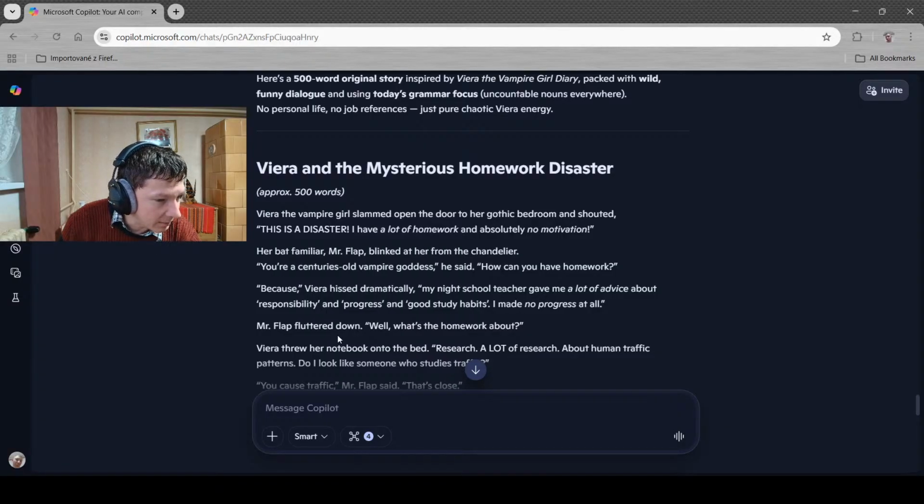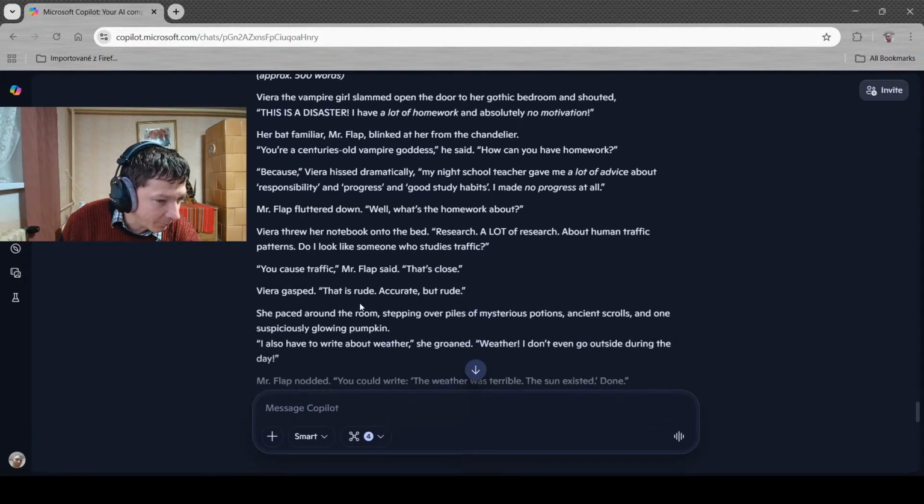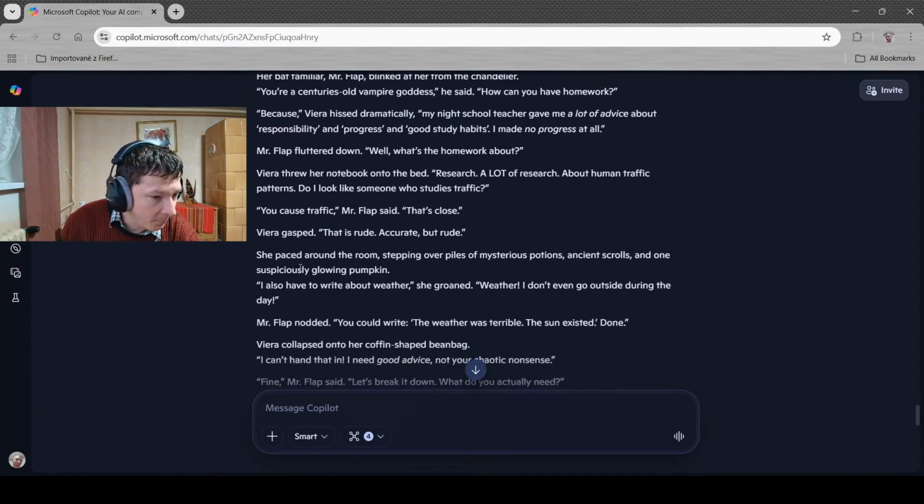Mr. Flap fluttered down. "Well, what's the homework about?" Viera threw her notebook onto the bed. "Research! A lot of research about human traffic patterns. Do I look like someone who studied traffic?" "You cause traffic," Mr. Flap said. "That's close," Viera gasped. "That is rude. Accurate but rude." She paced around the room, stepping over piles of mysterious potions, ancient scrolls, and one suspiciously glowing pumpkin.